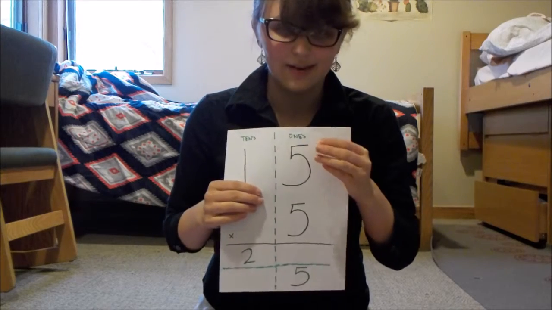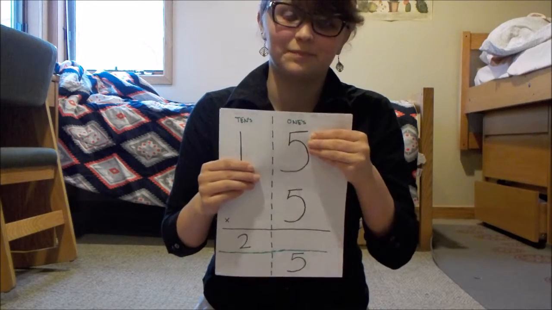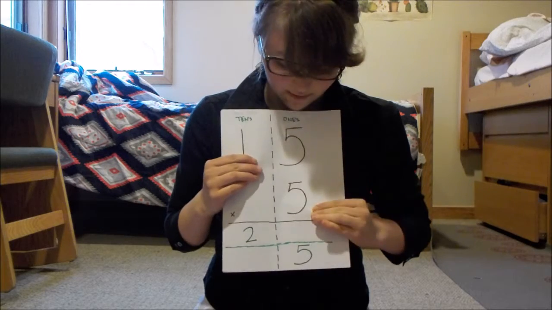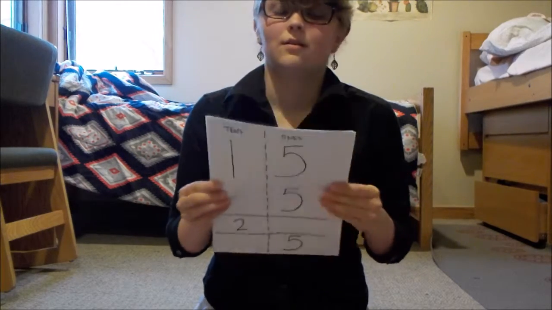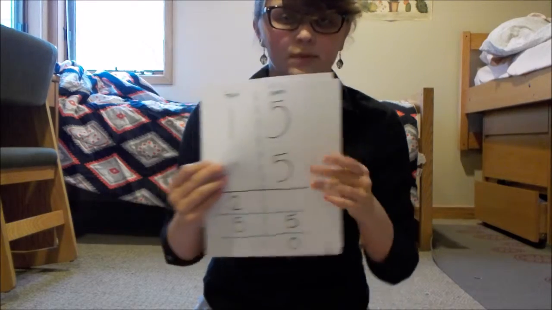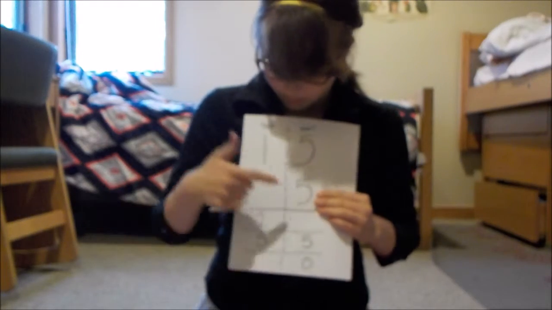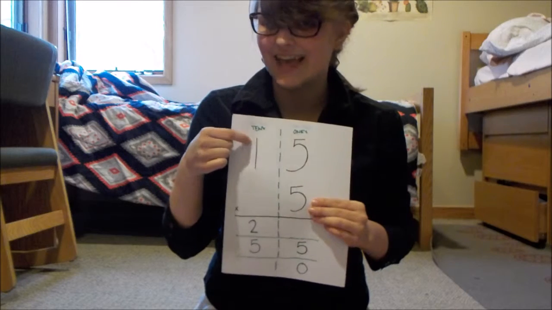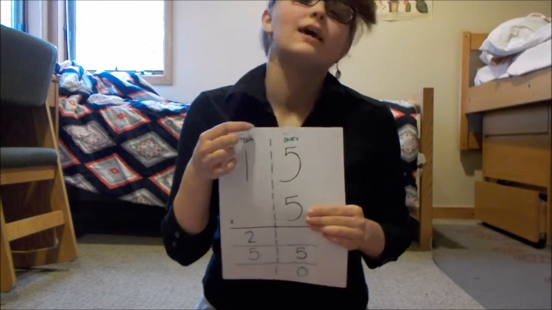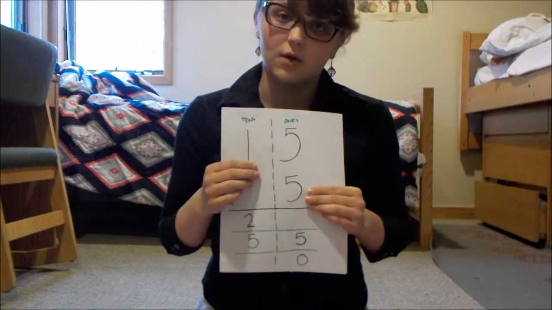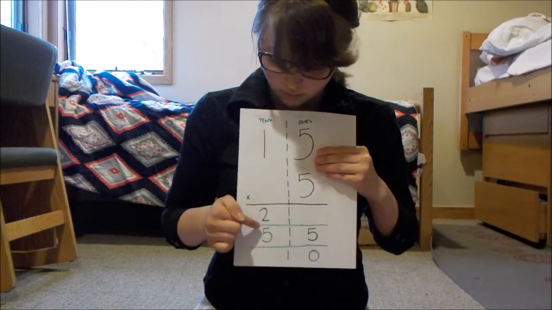So again, we start with our ones place. So 5 times 5 is 25. See how we did the drop step? The next step would be then to multiply the 5 times the 10 of 15, because the 1 of 15 is in our tens place. So we have 50, and we drop down.